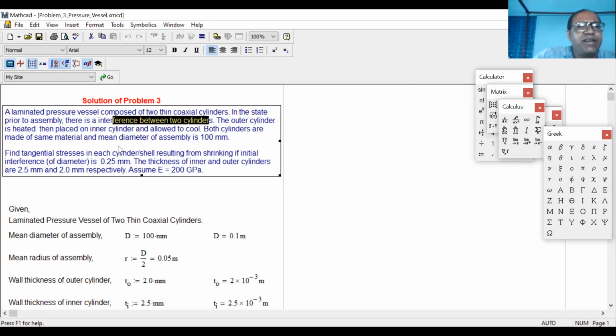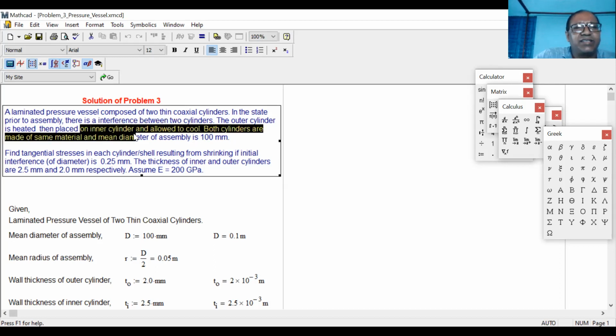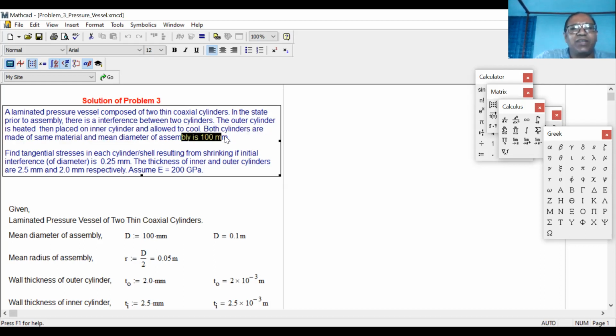The outer cylinder is heated, then placed on the inner cylinder, allowed to cool. Both cylinders are made of the same material, same diameter. After assembly, it's 100 millimeter. That means after assembly, the common radius is the same. Find tangential stress in each cylinder resulting from shrinking.